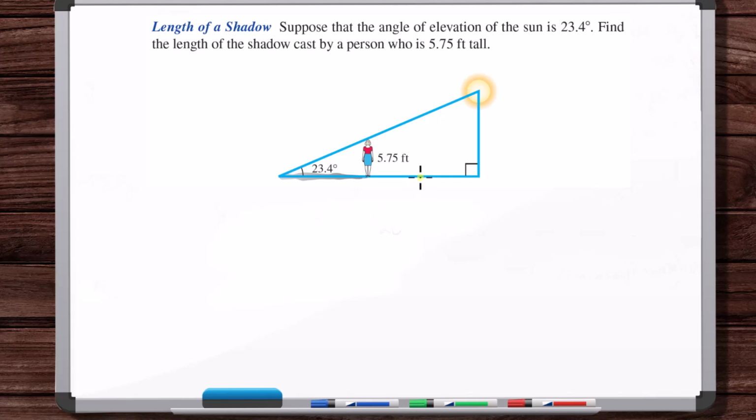And how would they determine this? Well, they get an object of known height, and then they measure the length of the shadow that the sun is making. And with that, you could calculate the angle of elevation with trigonometry.